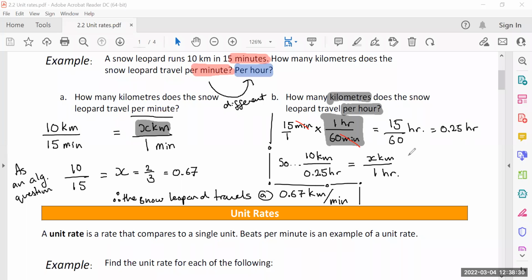Again, if I were to translate this into an algebra question, this would be 10 over 0.25 equals x over 1, which is just x. And all we have to do is plug that into the calculator, because x is already all alone, and we're happy. 10 divided by 0.25, assuming everyone has a calculator in front of them, would be 40.